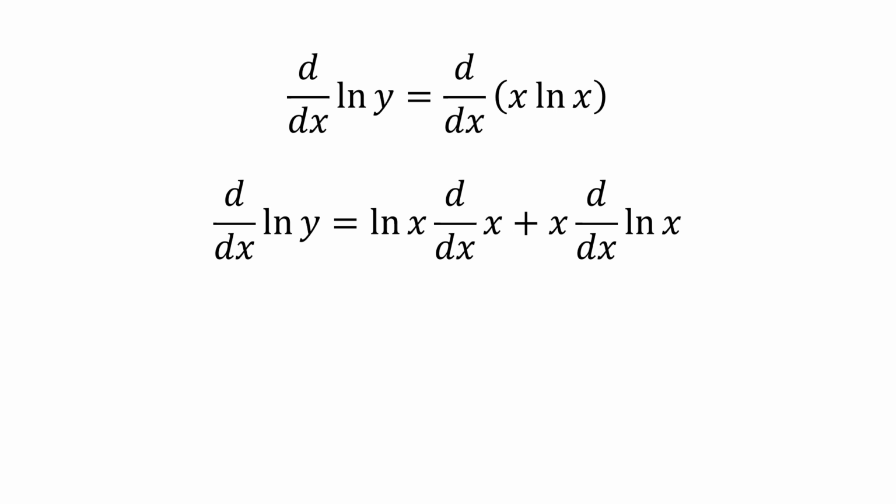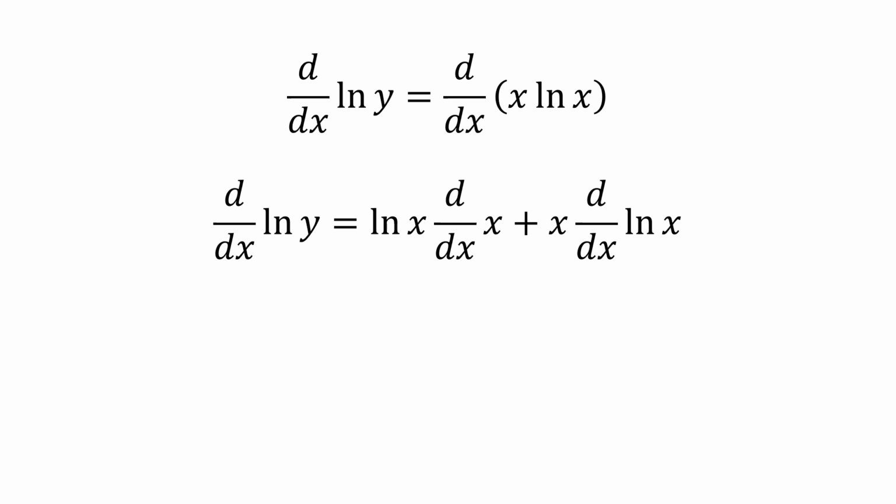To differentiate the first function on the right-hand side, we apply the power rule, noting that x has an implied exponent of 1. Applying the power rule gives 1. And to differentiate the last function on the right-hand side, we apply the formula for the derivative of the natural logarithm, which gives 1 by x.